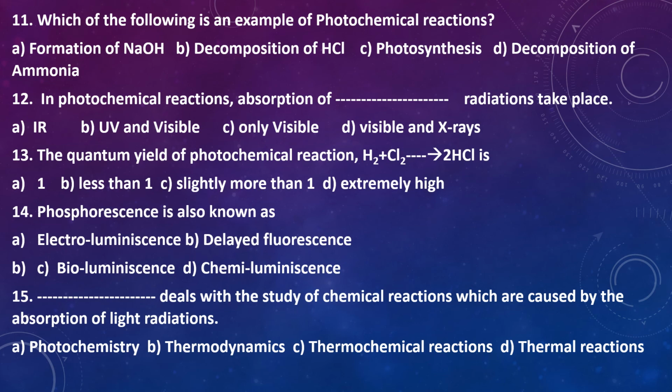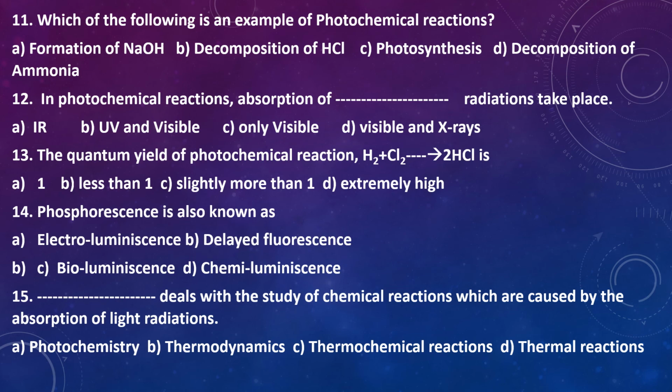The quantum yield of this reaction is 10 power 4 to 10 power 6, which is very high. Therefore, we call it extremely high. So the correct answer is option D.